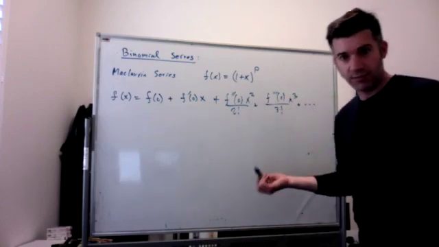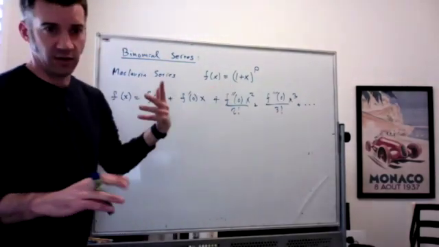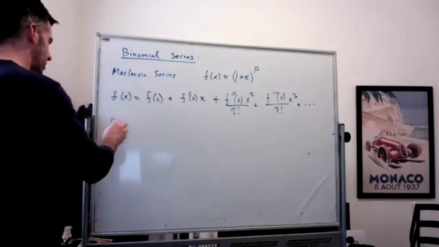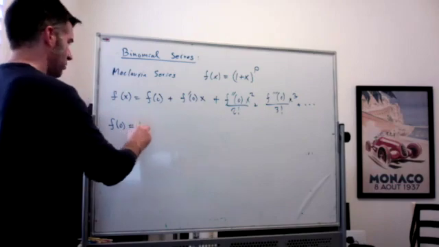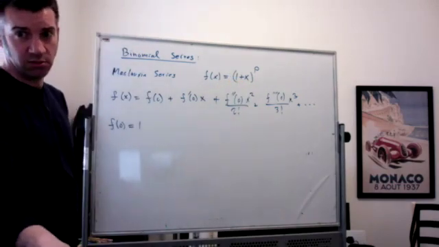So we need to find f of 0, f prime of 0, et cetera. f of 0 is just 1, right? 1 plus 0 to the pth power is going to be 1.